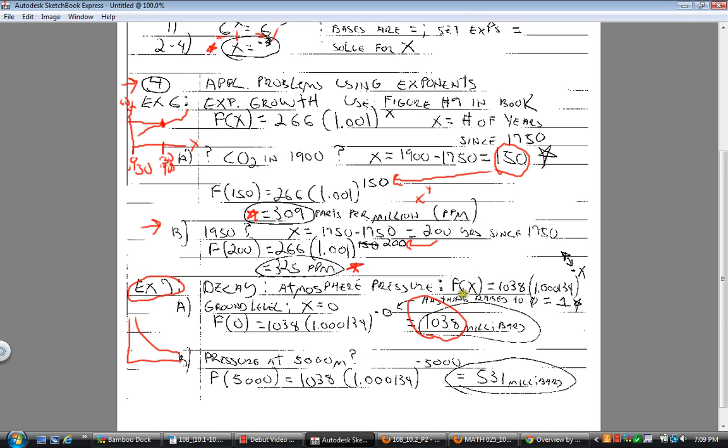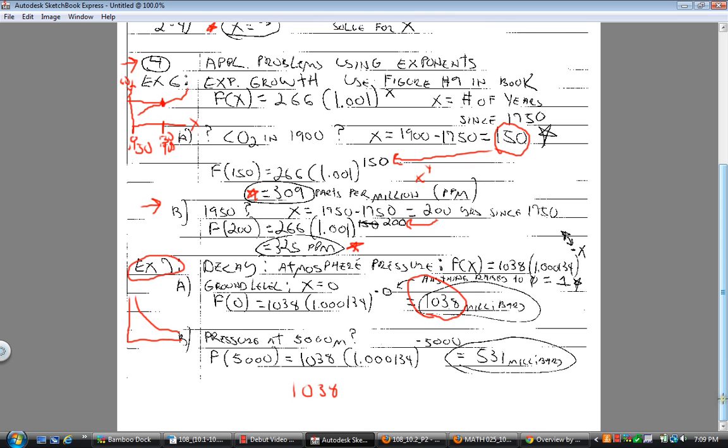Careful on part B, they say what's the pressure at 5,000 meters? You're going to put a negative in there. Now some calculators can handle that. Remember, you're raising it to a negative. That would be the same as writing 1038 divided by 1.000134 raised to the positive 5,000.